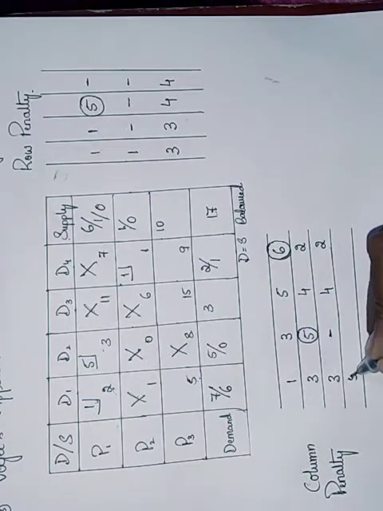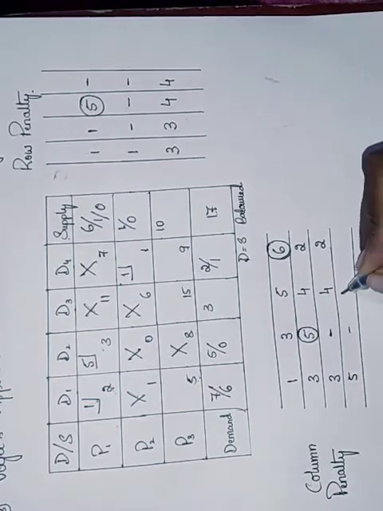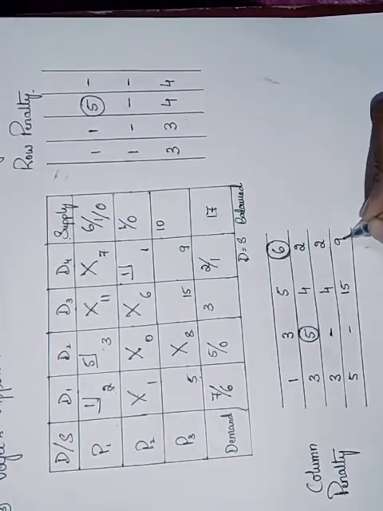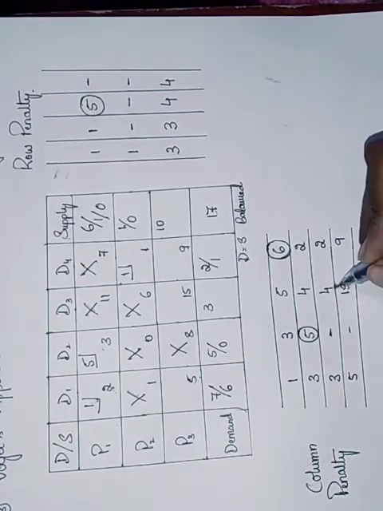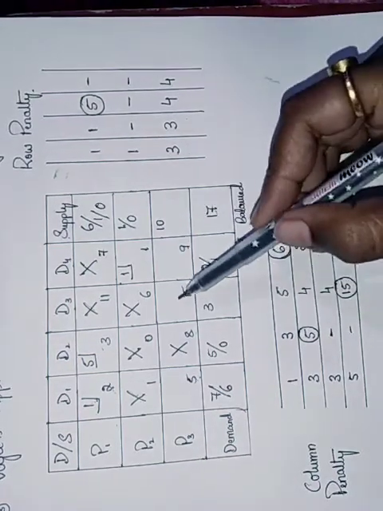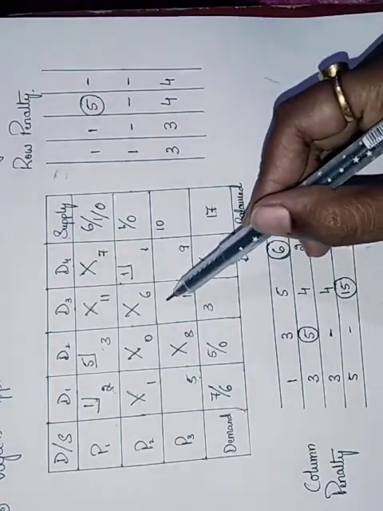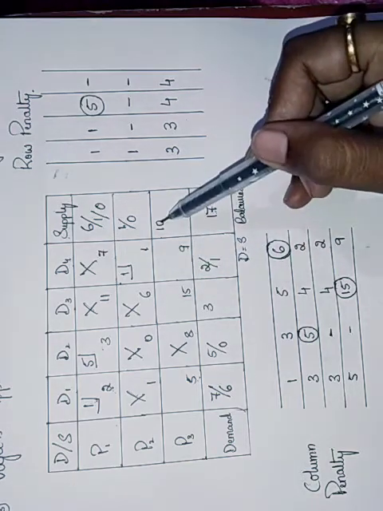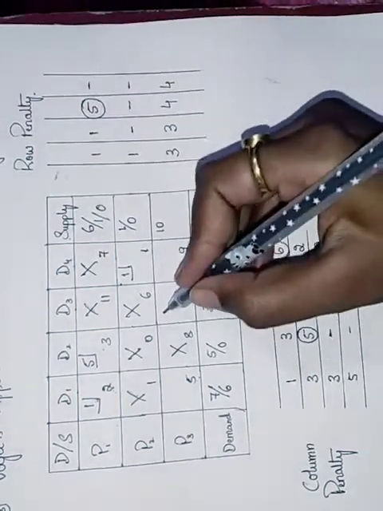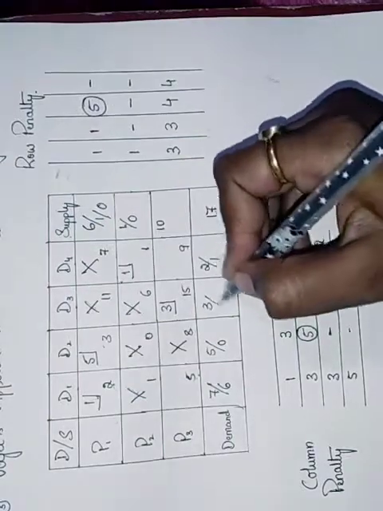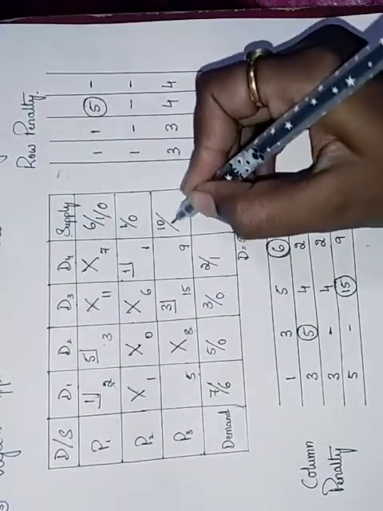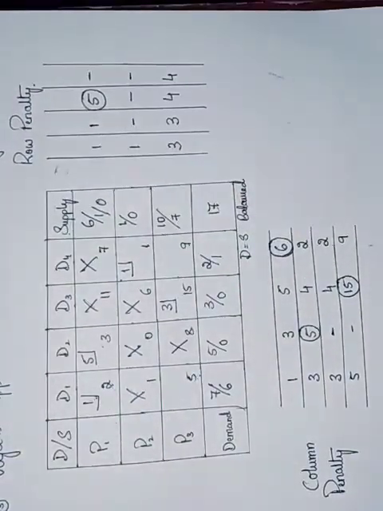So 5, here nil, 15, 9. Which is the highest? 15. So I am allocating for this. So what is the supply? 10, demand is 3. So I am allocating 3 units, demand becomes 0, supply will be 7.